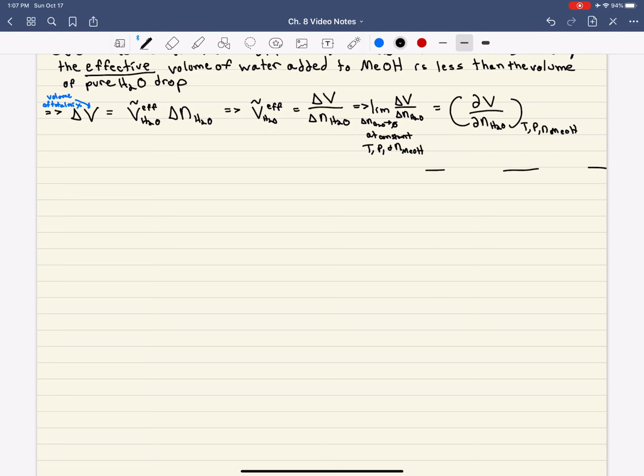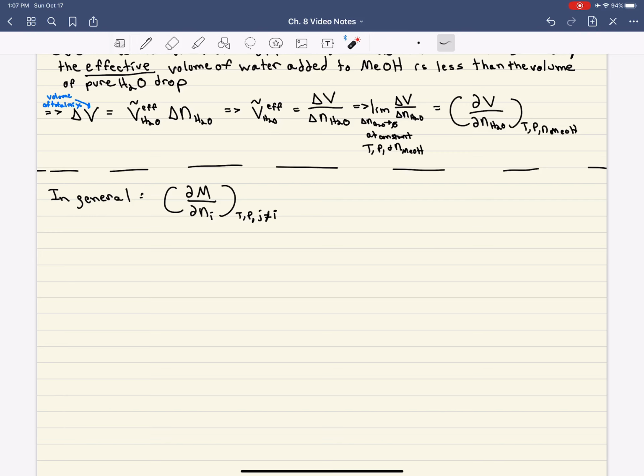But we could be more general about this math. Okay? In general, for any extensive property, if we take the partial derivative of the extensive property for the entire mixture with respect to the moles of one component at constant T, P, and n_j, where j is not equal to i, so n_j covers all the other components that aren't the ith component, what we get is some sort of effective molar property for that component once it's in the mixture, right?